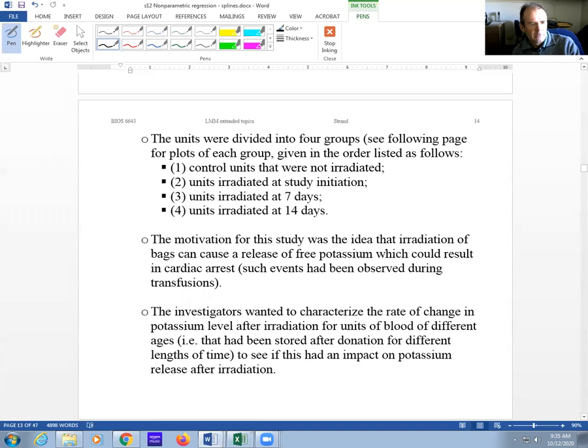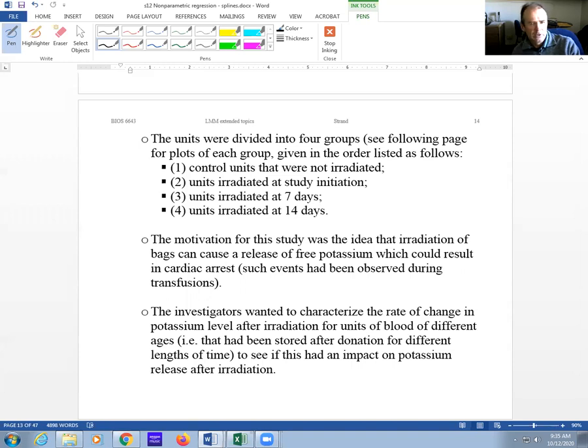That raises concerns that if samples are irradiated, it could lead to cardiac arrest. So they want to get a better understanding of the levels of potassium that change when they do irradiate the samples.